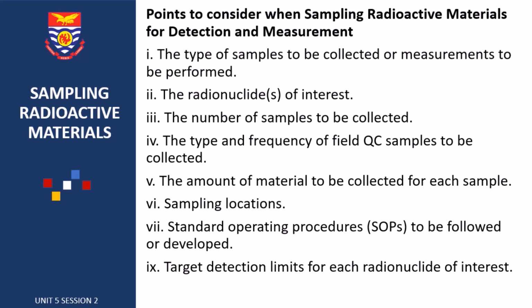We must also ask ourselves, what is the target detection limit for each radionuclide of interest? And also, what measurement documentation are required? So these and any other important points to consider will be very relevant when collecting radioactive materials.